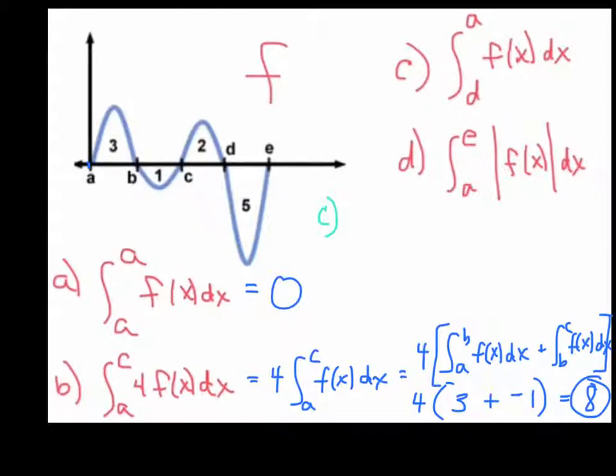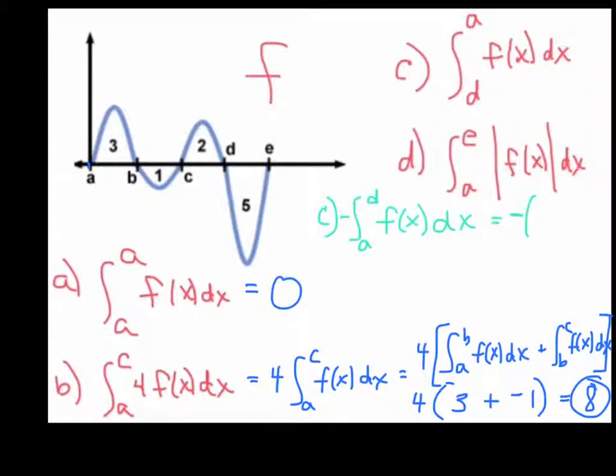So I'm going to rewrite this as the negative of the integral from a to d of f of x dx. And this time I'm just going to figure it out, not break it up like I did last time. So I know my answer is going to be the negative of whatever I find. All right, so from A to D, what are my positive areas?